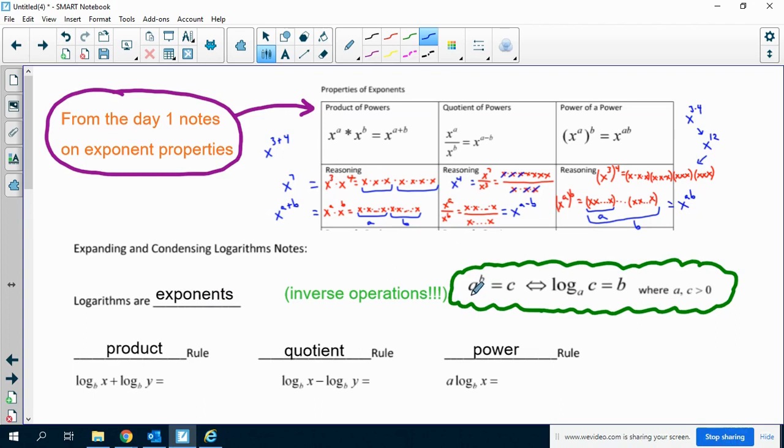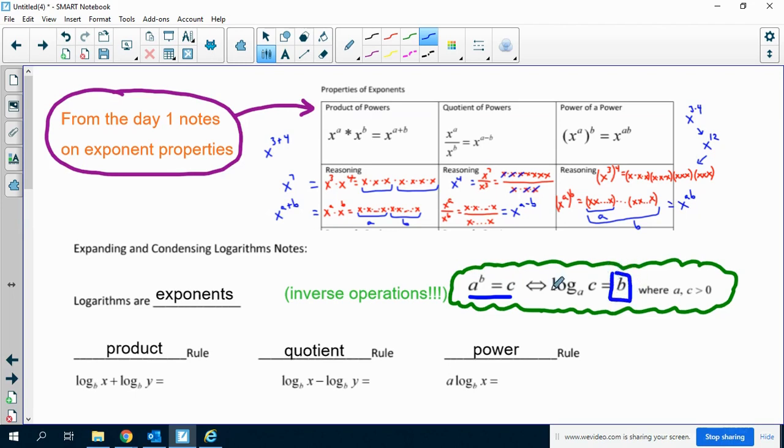If you see that a to the b equals c, the way that we would write that in logarithmic form is we would take a log base a of both sides, and we would end up with log base a of c equals b. Well, notice what was going on in this exponential. B was the exponent.